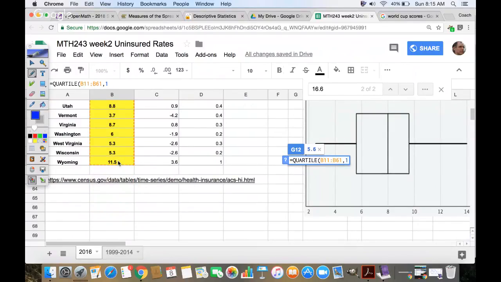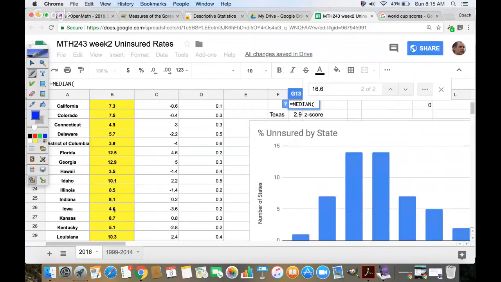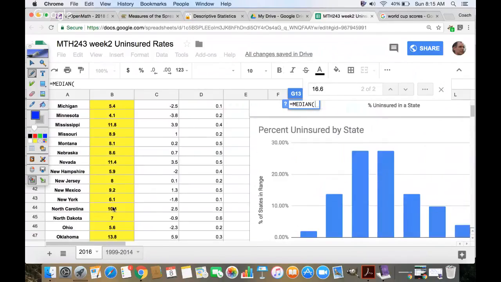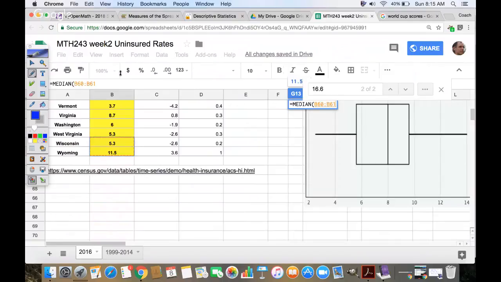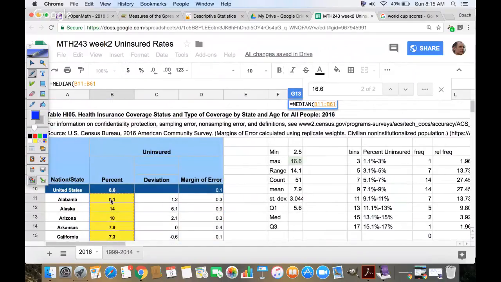So I want the first quartile. Median is pretty straightforward. I can either use the median command or the quartile command because it is quartile 2. Median's easier. Don't want to include the US there.